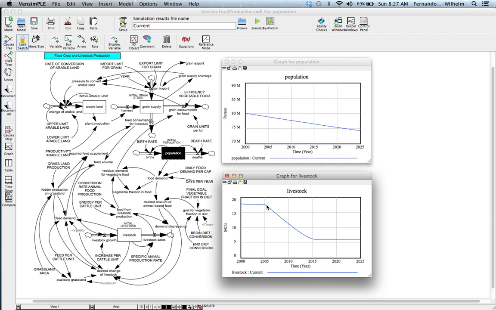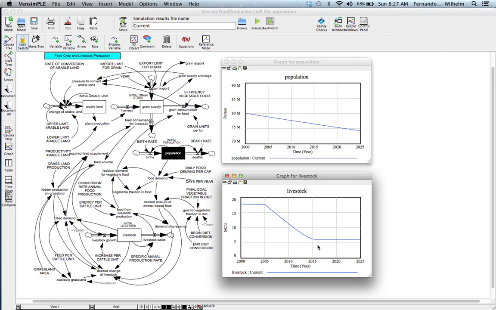So you can see that the system is up here in the beginning, and then you're down here after the conversion. You're down to maybe 6 million cattle units as opposed to 18. So you're cutting your livestock by a factor of 3. That's pretty significant. And you can see that it's not completely a straight line, but pretty much the dynamics are straightforward down.